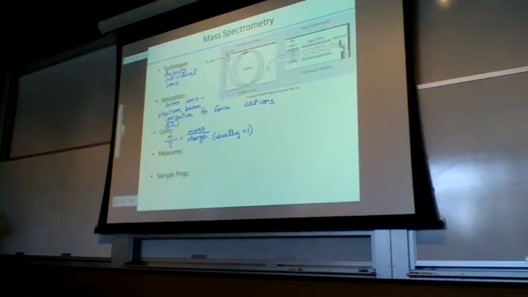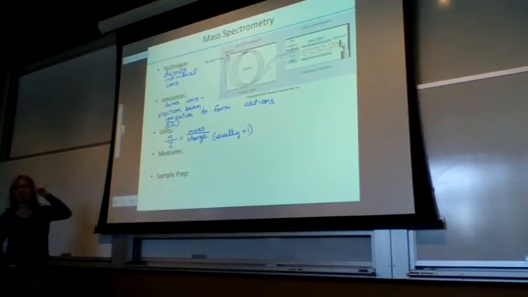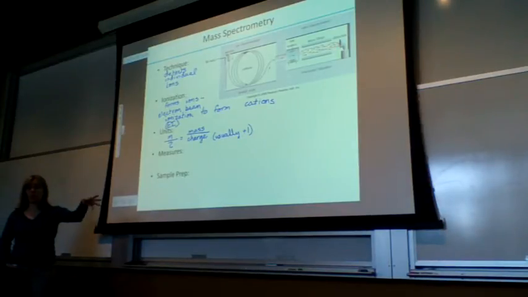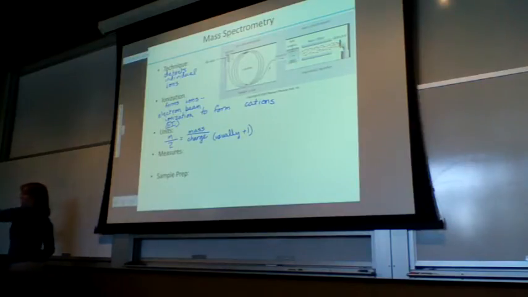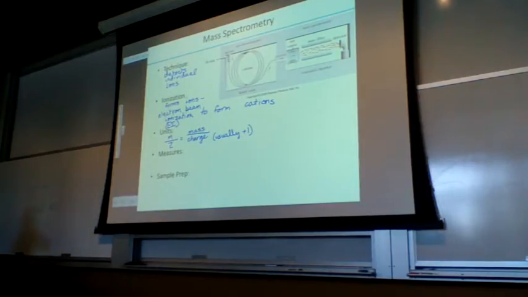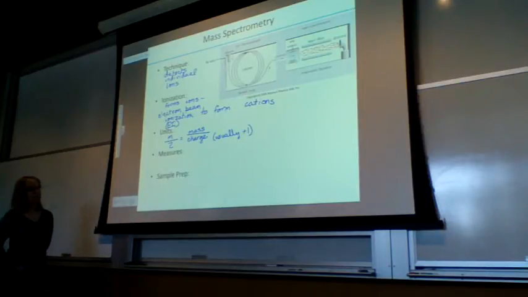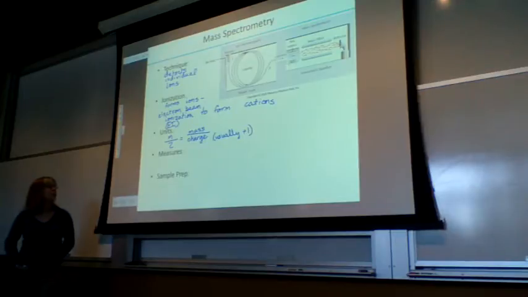As mentioned before, it's hard to get more than a +1 on one molecule unless it's a really big molecule, because otherwise they get pretty unstable if you put more than one charge on a molecule. As you get to larger and larger molecules, they tend to get more charges per molecule, and you actually see that a fair amount when you're trying to do proteins or other larger samples like that on mass spec. But we'll look at mostly +1 charges.